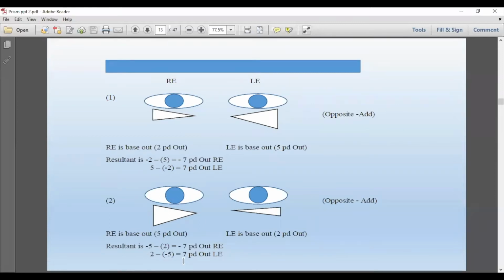And for the left eye, we'll end up with a positive, which is 7 for the right. So in other words, if you wanted to place everything in one eye, what would the total prism be? 5 out and 2 out gives us 7 out. So we're just following the signs, and that's how we get our answer.